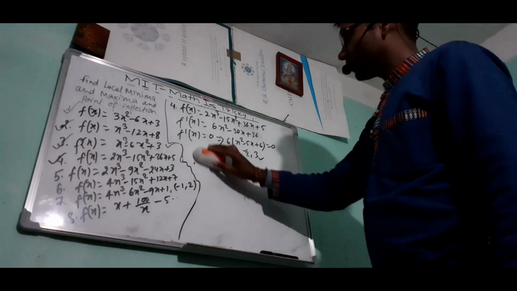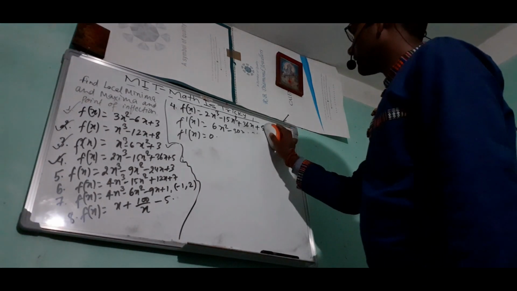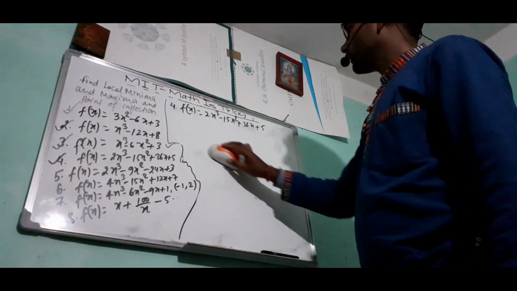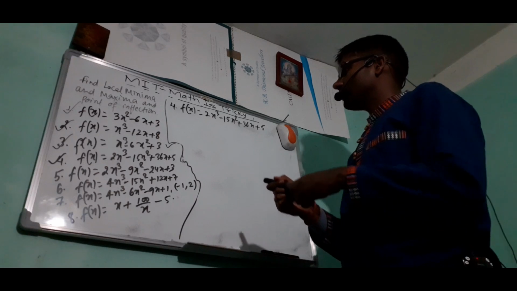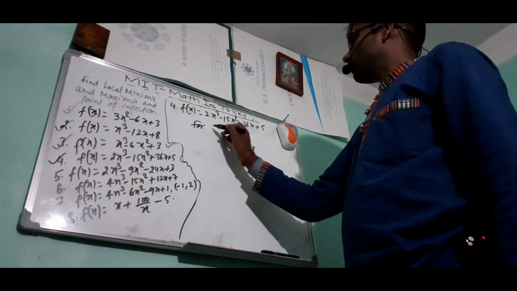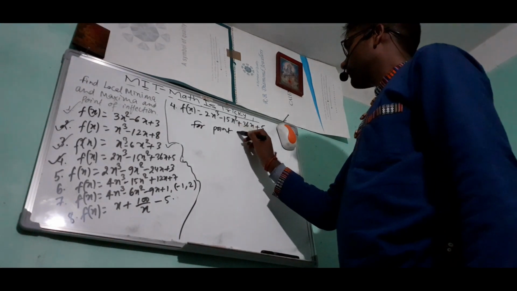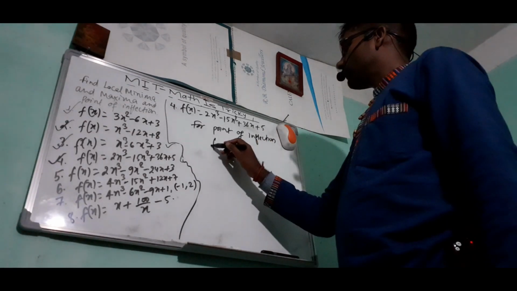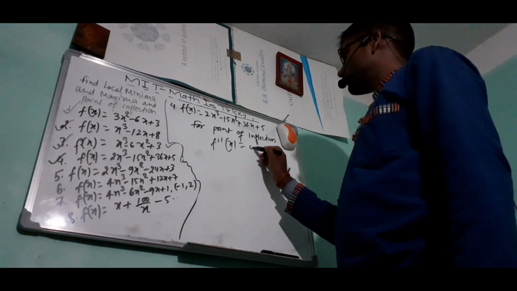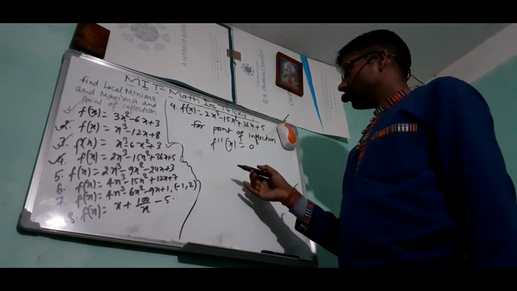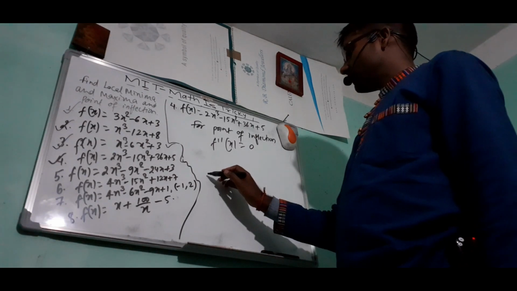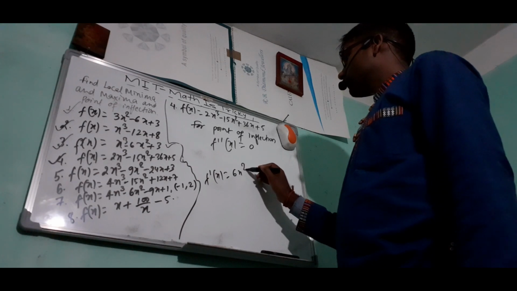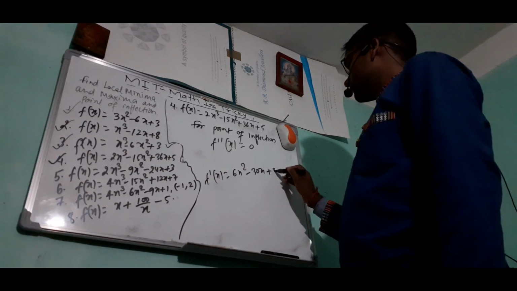For the point of inflection, f double dash x equals 0. F dash x we have already calculated: 6x square minus 30x plus 36.